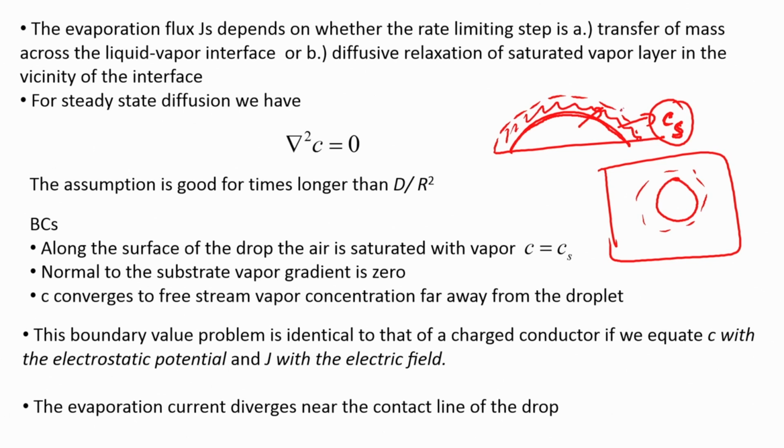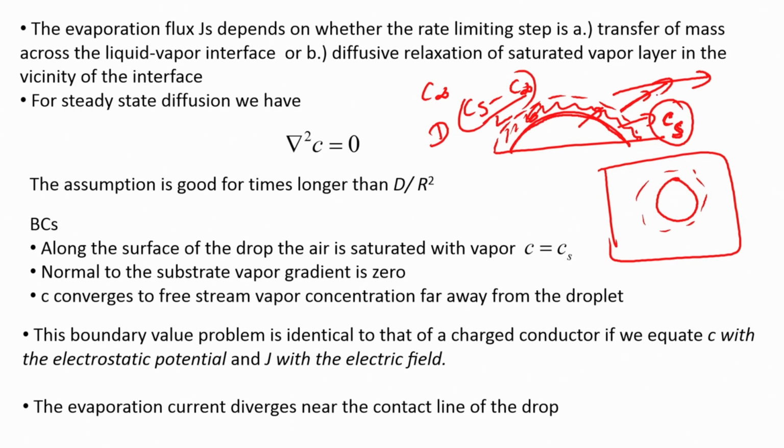So, unless this gets relaxed, relaxed means this has to be diffused out to the ambient, right. How the diffusion happens is exactly how it happens in the case of a spherical droplet, right. There is more concentration here, there is less concentration there. So, there will be that Cs minus C infinity divided by whatever is the length scale of the problem, into D, and that will be the vapor flux, right.